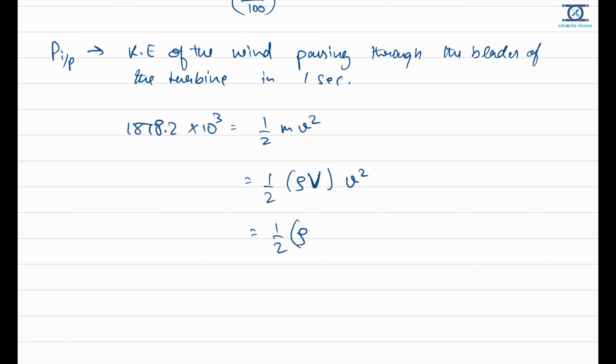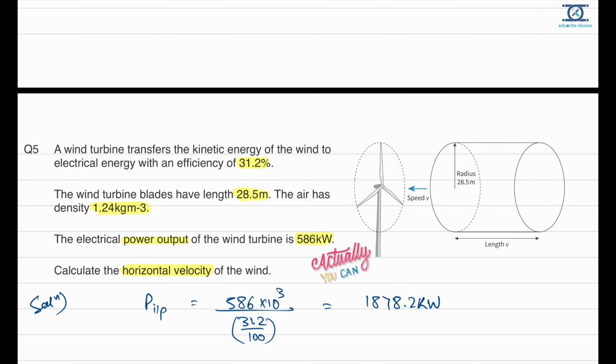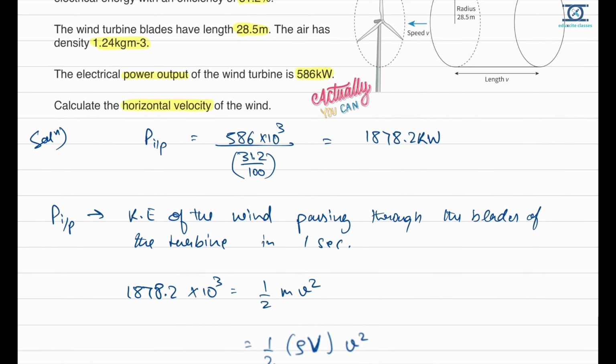Volume in 1 second, if you look at the diagram, in 1 second this much amount of air will be blown. So can I consider this as a cylinder? So I can say pi r square h, and h will be equal to v numerically, because the velocity will be in 1 second. This will be the length of the cylinder or the length of the air column.